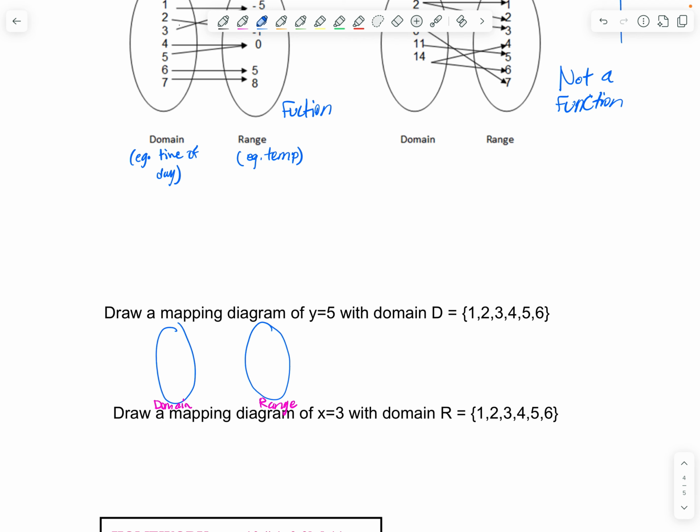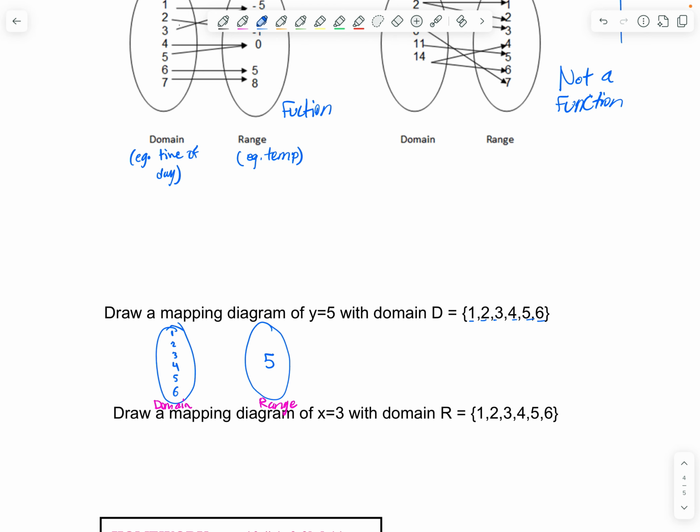I can see here that I only have a singular range value, y equals 5. But I have a domain of 1, 2, 3, 4, 5, and 6. So 6 values of input.